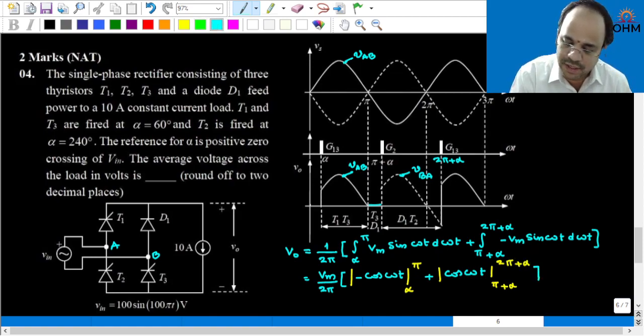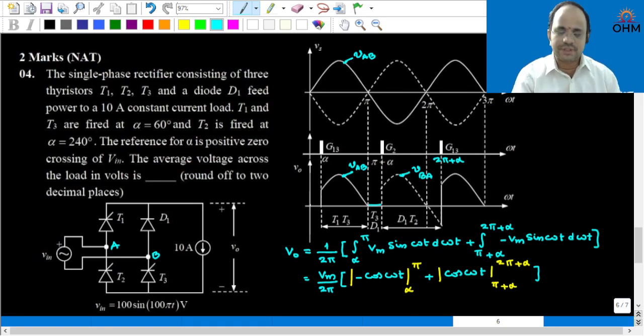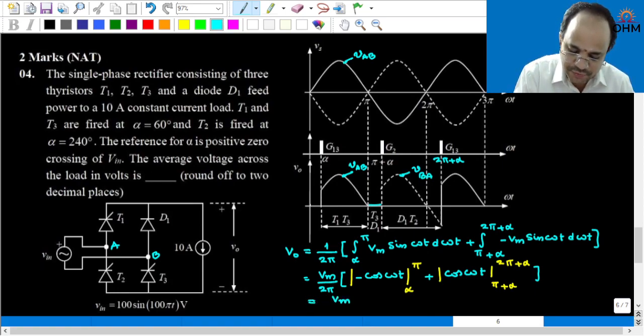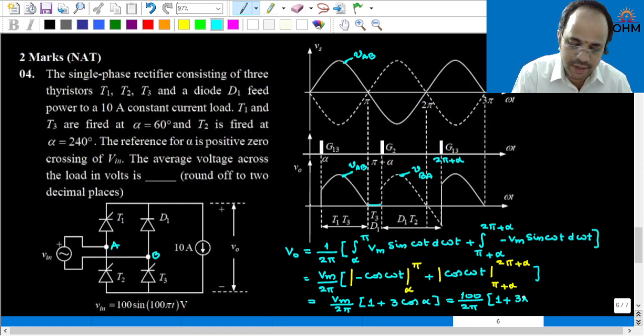Generally I explain these circuits in my regular class. Those who are following my regular class are well familiar with this. Here also I explained the concept in detail. So this simplification will give you Vm by 2 pi into 1 plus 3 cos alpha. Source voltage Vm is given as 100, so 100 divided by 2 pi into 1 plus 3 into cos 60 degrees, and cos 60 will be 1 by 2.